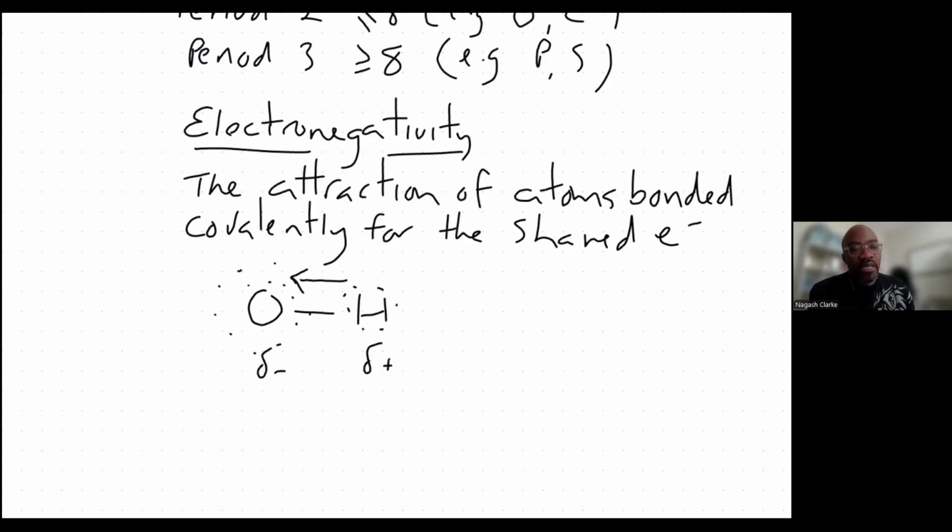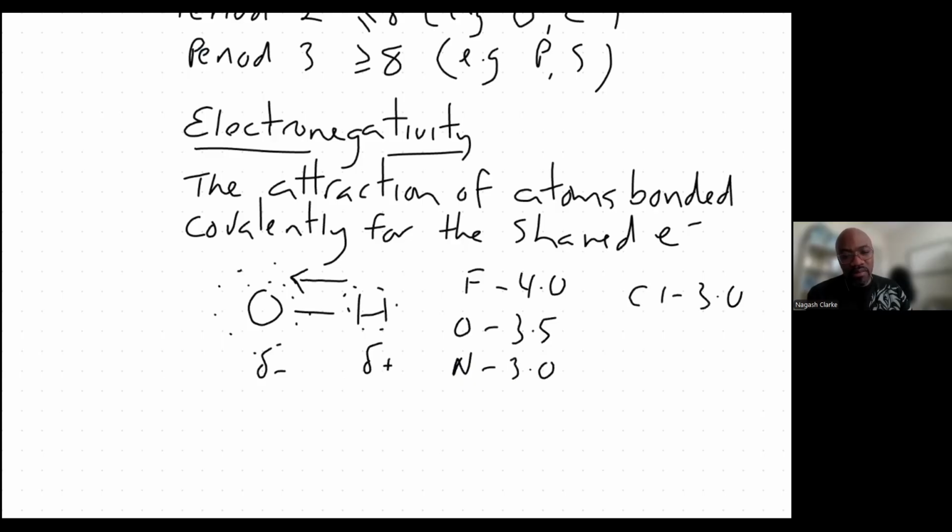We've given atoms arbitrary values of electronegativity. For example, fluorine is the highest at 4, oxygen 3.5, nitrogen 3.0, chlorine 3.0, potassium 0.9, carbon 2.5, H 2.1.